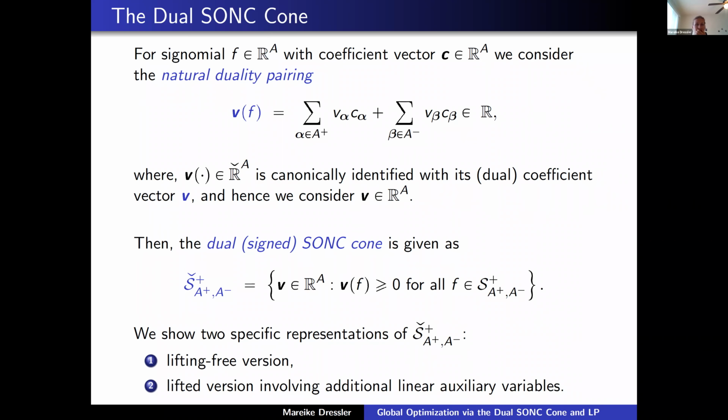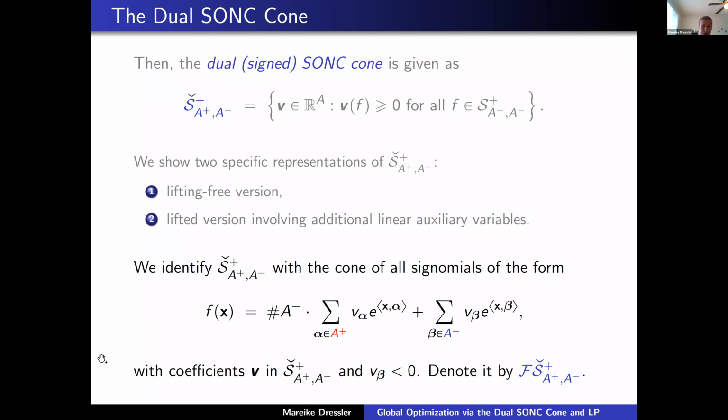Okay, so as indicated in the beginning, we want to now somehow view the dual SONC cone as a cone living in the zignomial space. So what we hence now do is we identify this dual cone with the cone of all zignomials of this form, where we just say we pick these zignomials where the coefficients are in the dual, and these f beta then are strictly negative.